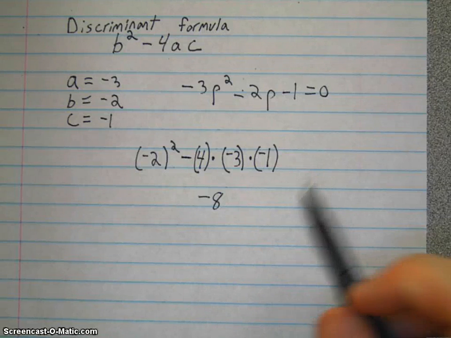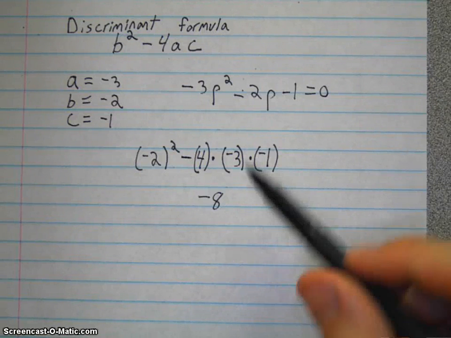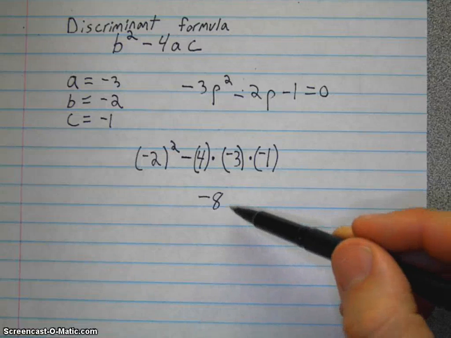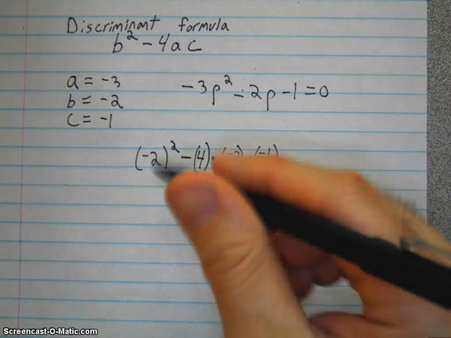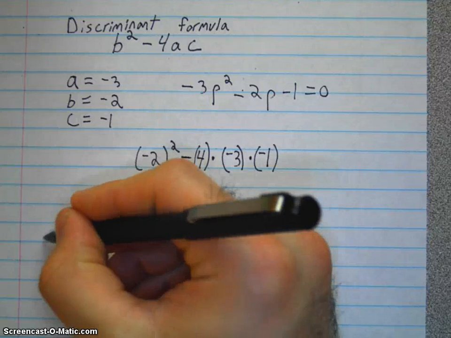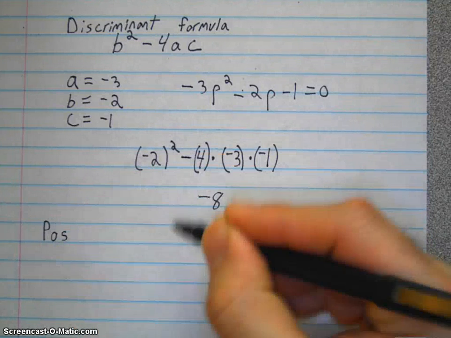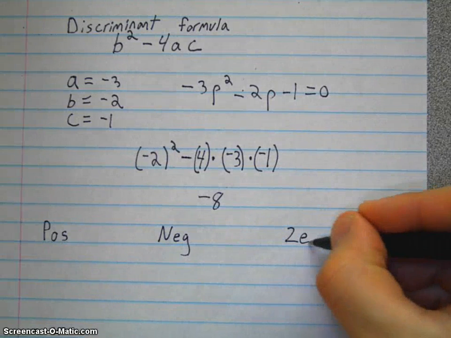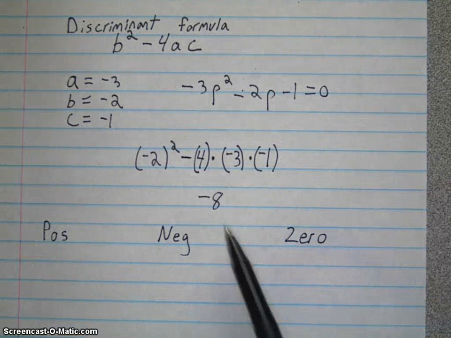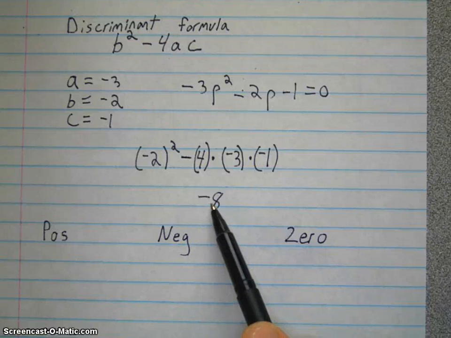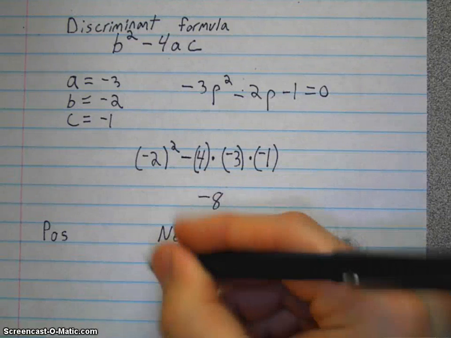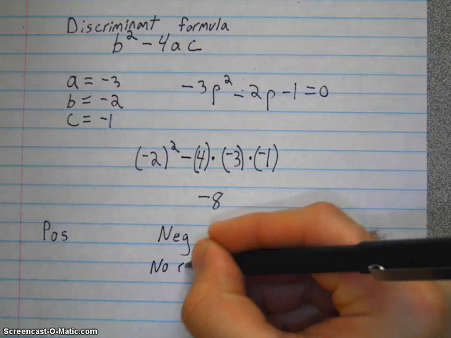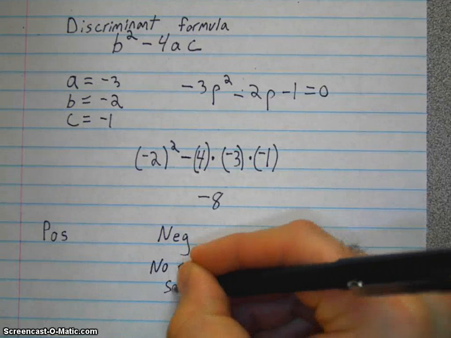So with the discriminant, it's not necessarily the 8 that I'm interested in, but whether the discriminant is going to be positive, negative, or 0. If my discriminant in this case is negative, I'm going to have no real solutions.